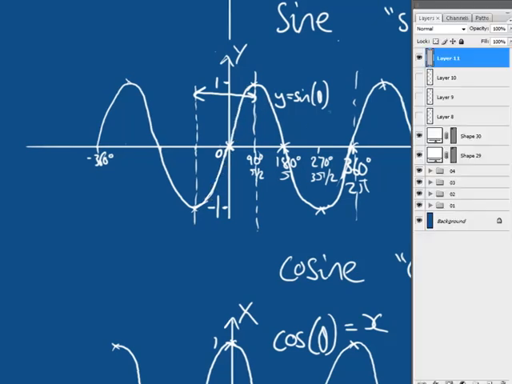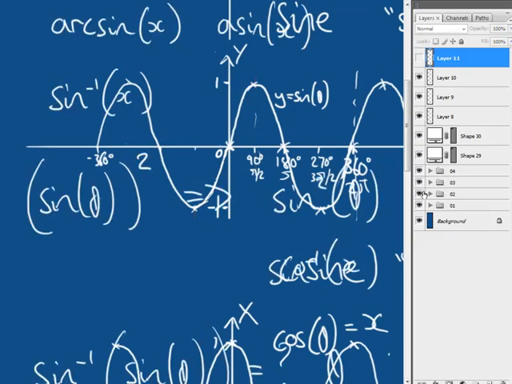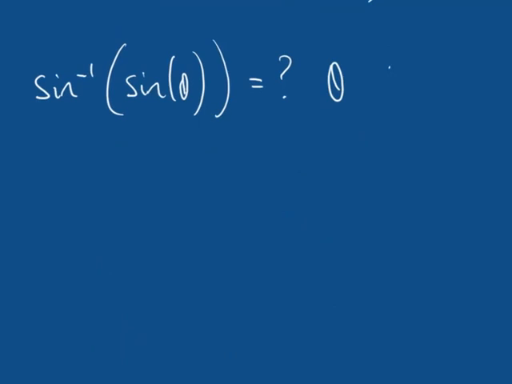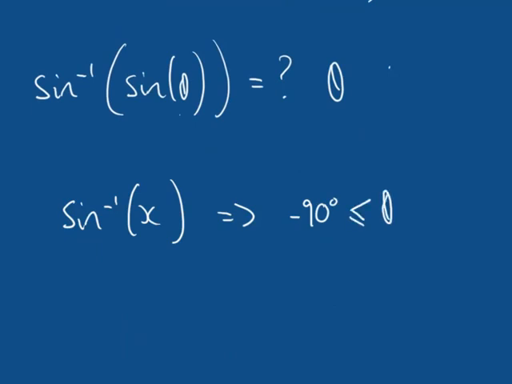But what that means is we do need to take careful note of the fact that our inverse sine function, for a given value of theta as an input, won't necessarily give us the same value of theta as an output, because the inverse sine is restricted to the range of -90 degrees ≤ θ ≤ 90 degrees. So theta can range between -90 and 90 degrees.